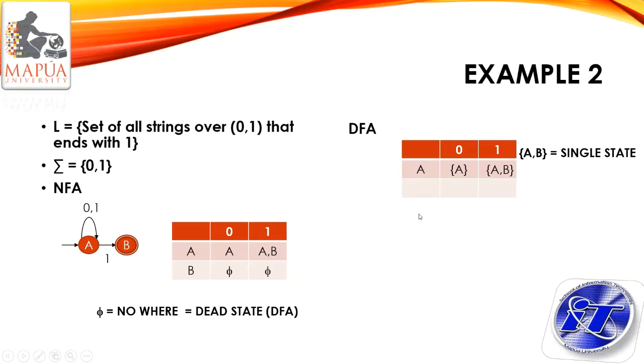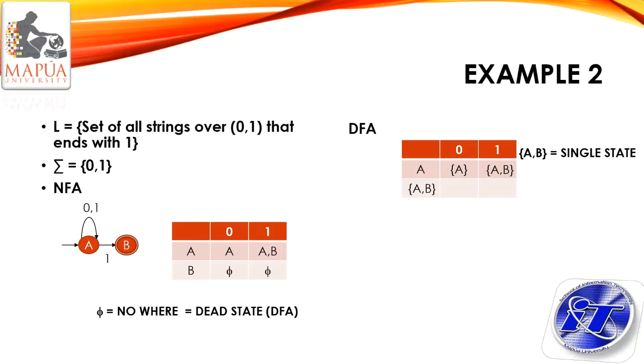Since there is no row for AB yet, we're going to create a path for the new state, which is AB. Let's create the path for AB for 0. If it's 0 in A, it will just go to A. Am I right? If it's B, nowhere to go.